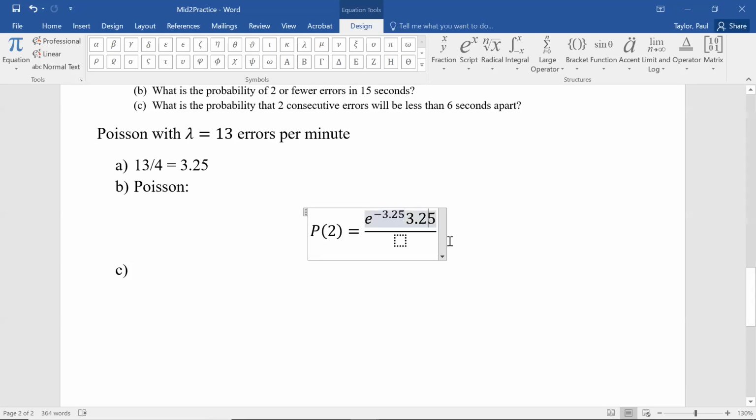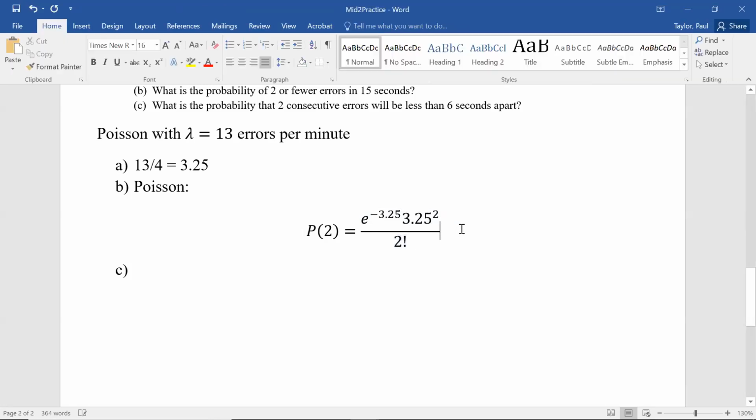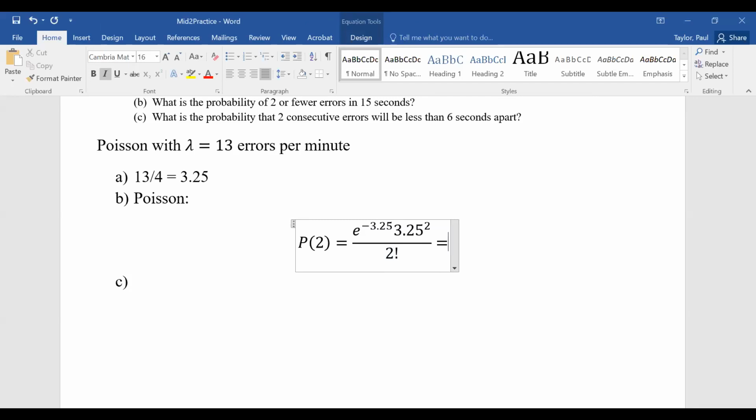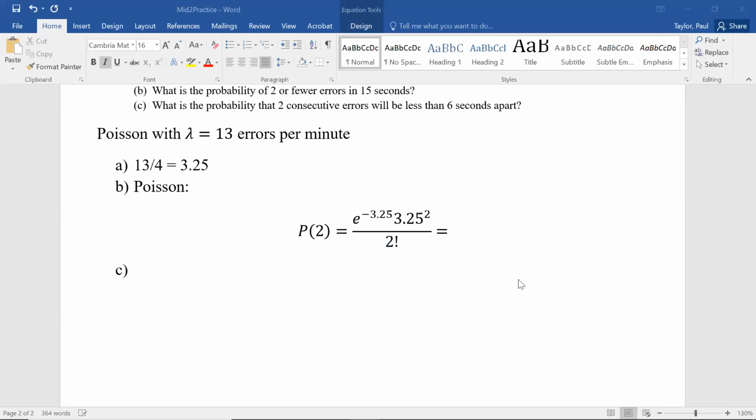Then 3.25 to the power of the number we're looking for, which is 2, and then divide that by 2 factorial. That gives us the probability that we get 2 errors in 15 seconds. I did this earlier, and the answer I got is 0.2048.